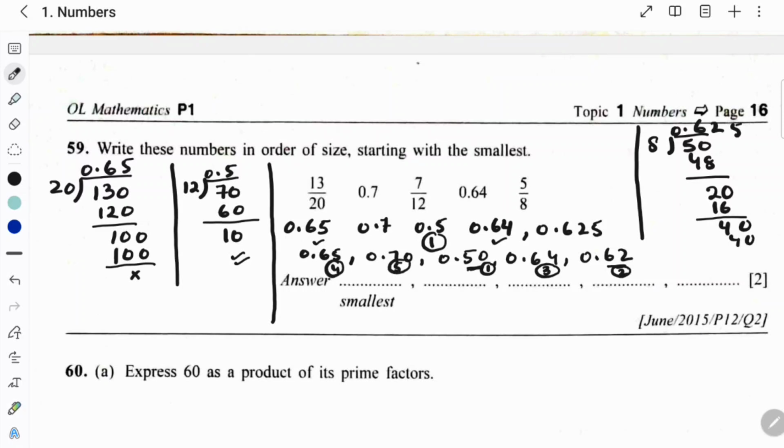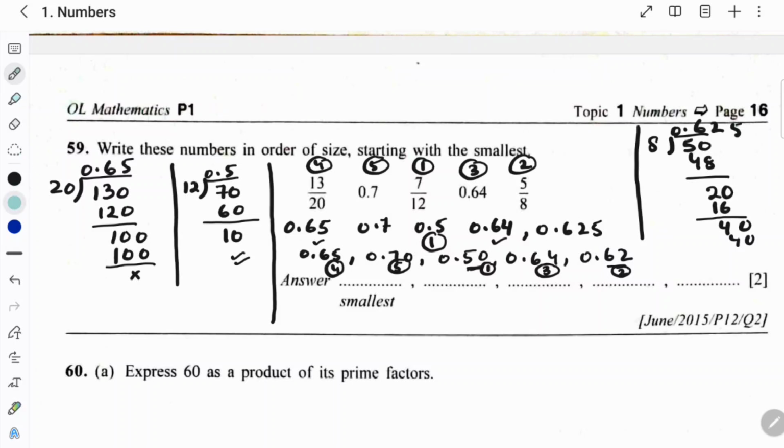So you just check that you took 50, the smallest one, then 62, then 64, then 65, and then 70. So if 50 is the first one, this is 7 over 12. The second one is 5 over 8. The third one is 0.64, and the fourth one is 13 over 20, and the fifth one is 0.7.